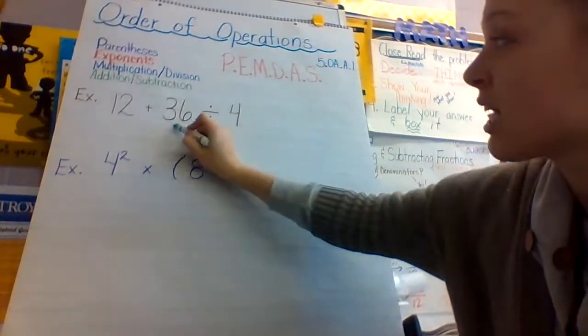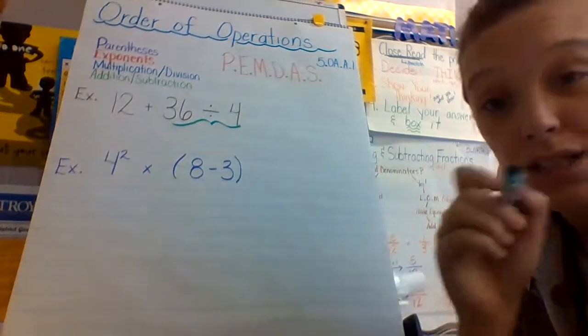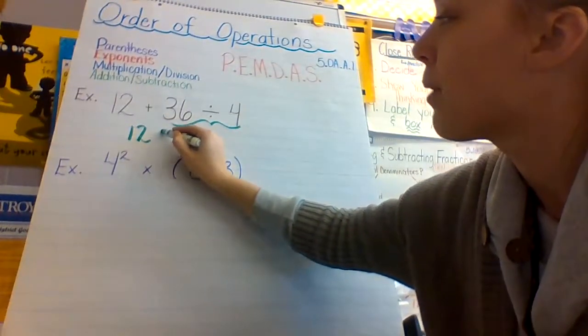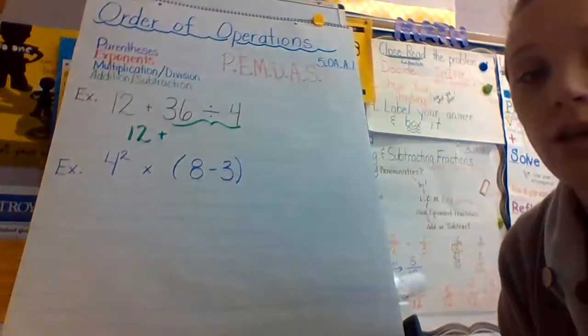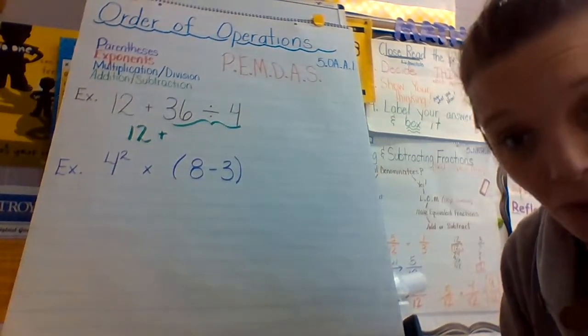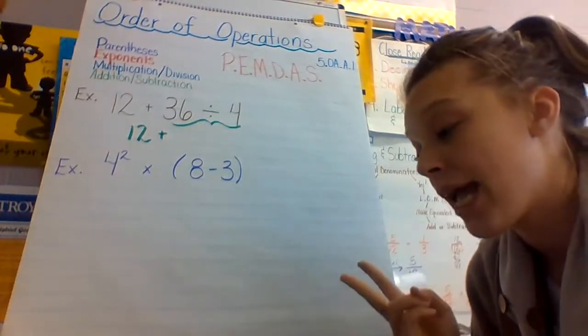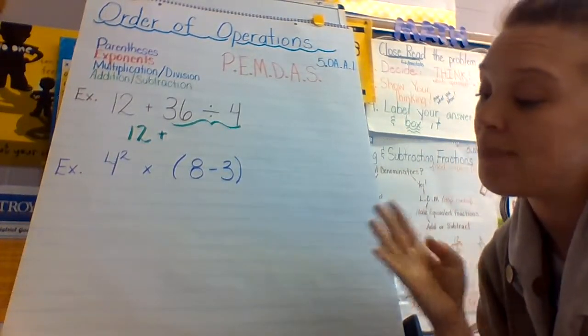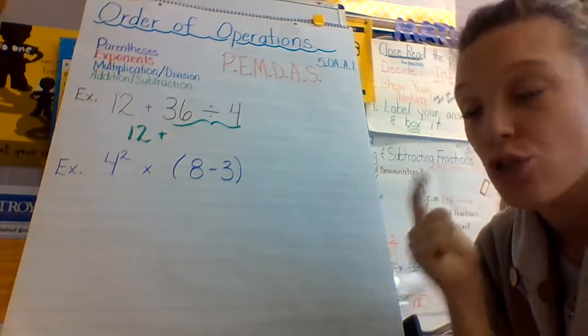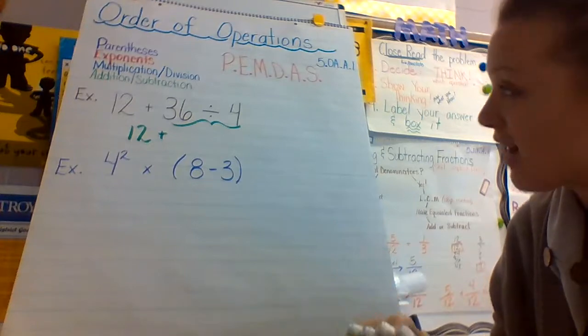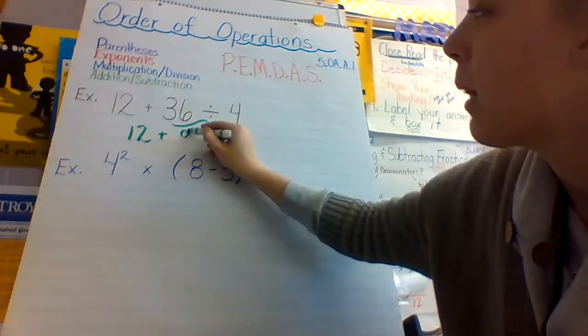Since I'm focusing on this part of my work, the 12, I can just bring right on down and get ready for the next step. In order to do 36 divided by 4, I can skip count by 4s. So 4, 8, 12, 16, 20, 24, 28, 32, 36. So 36 divided by 4 is 9.